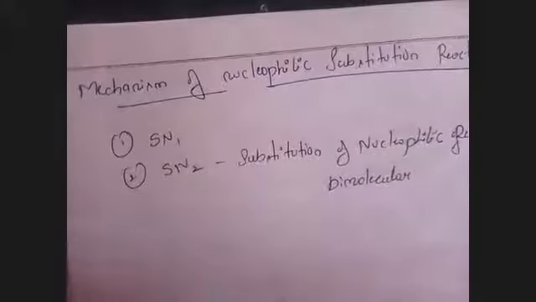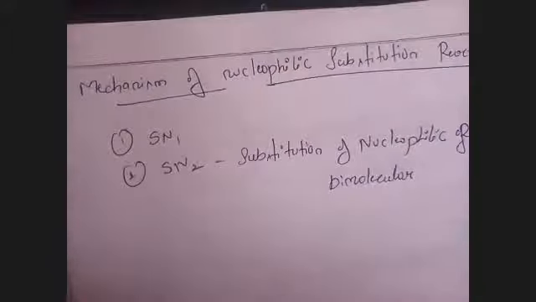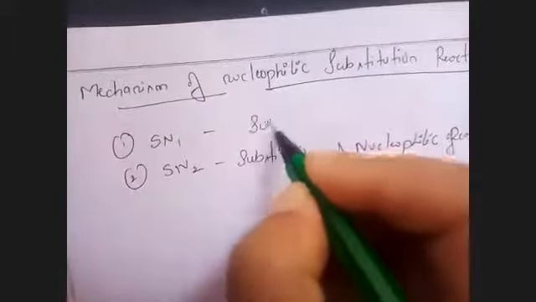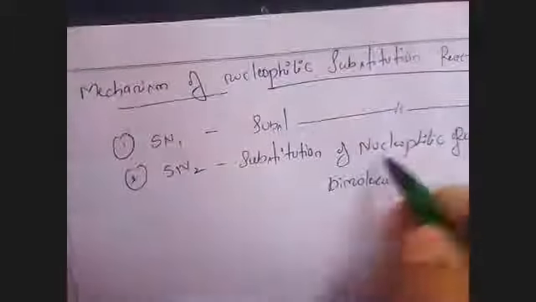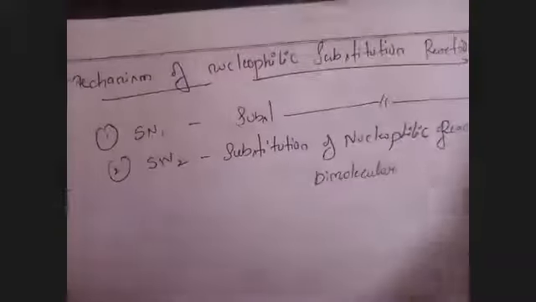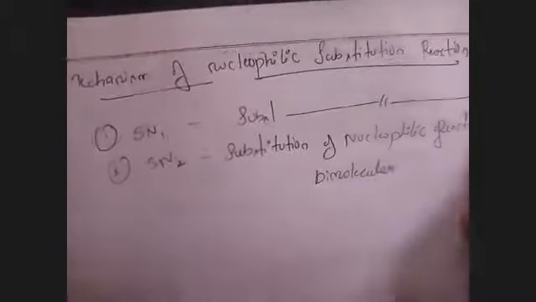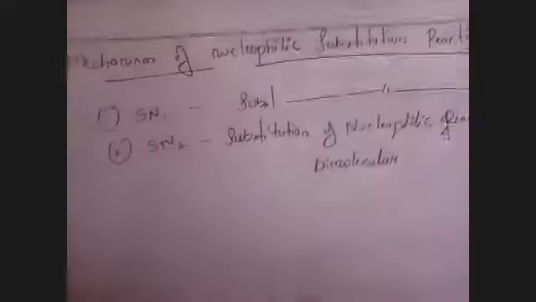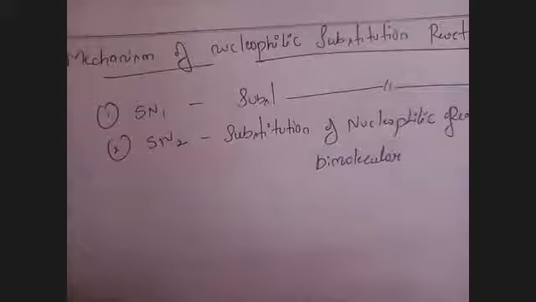Bi means two. So in between two molecules, we are replacing. SN1 is also a nucleophilic substitution reaction, but unimolecular. So it is one atom replacing, that is called SN1.